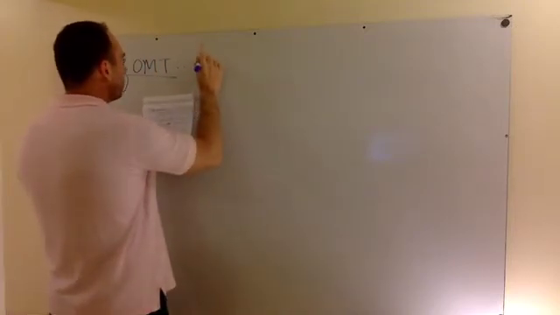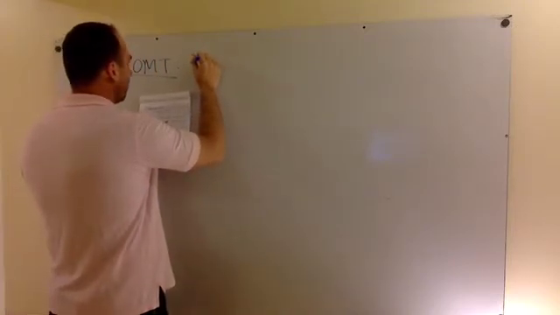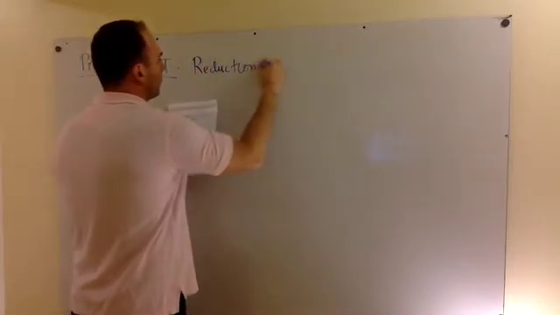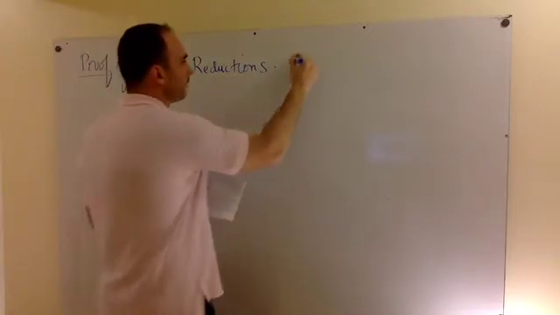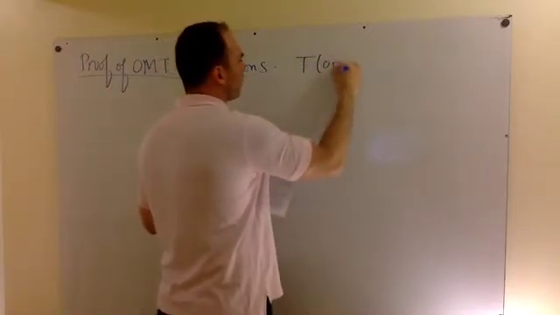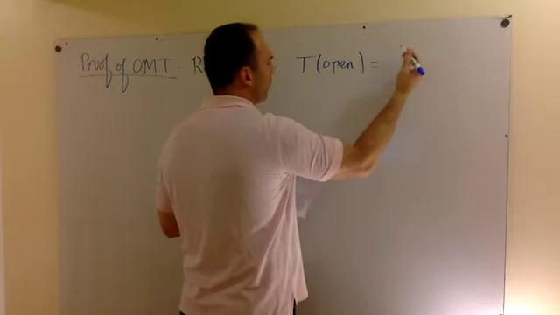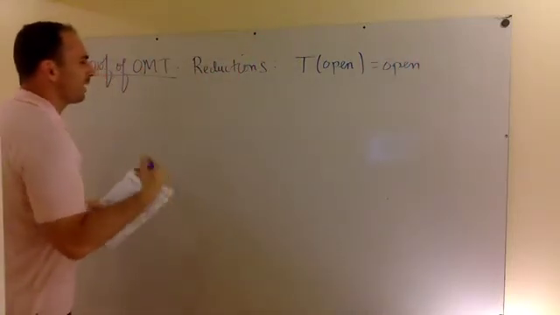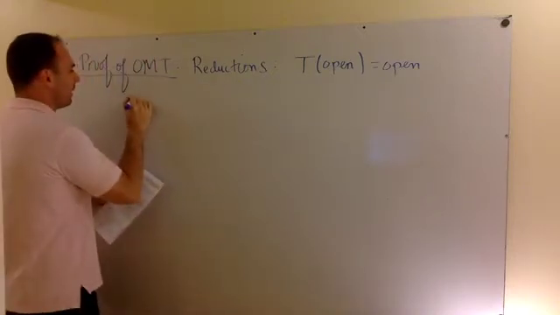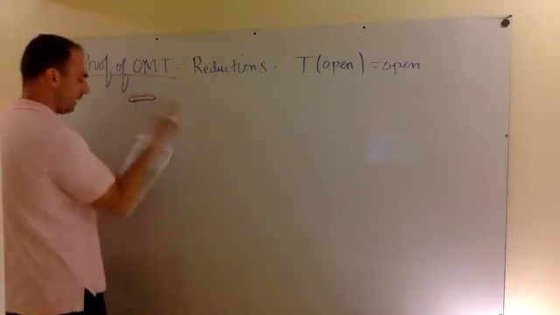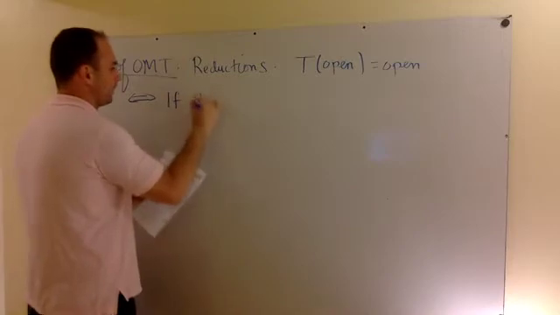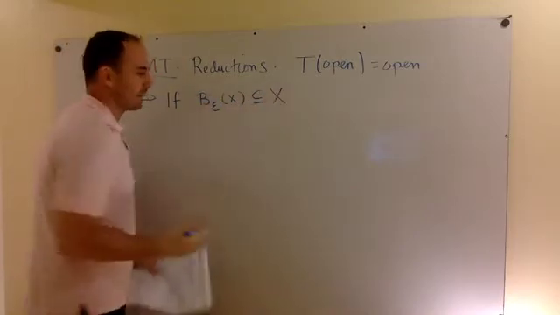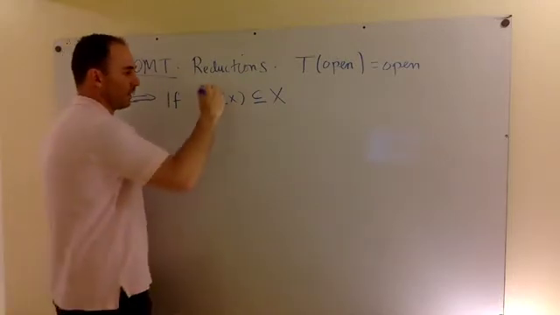So first off, just a few reductions. One, this is what we're trying to prove. This is the way I like to think about the open mapping, or an open mapping in general. Just playing around with the definitions of open, this is equivalent to the fact that if B epsilon is a ball in X, and if you read through the notes, I'm really careful about this.